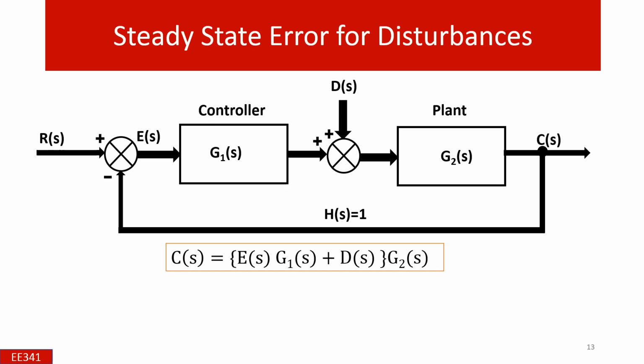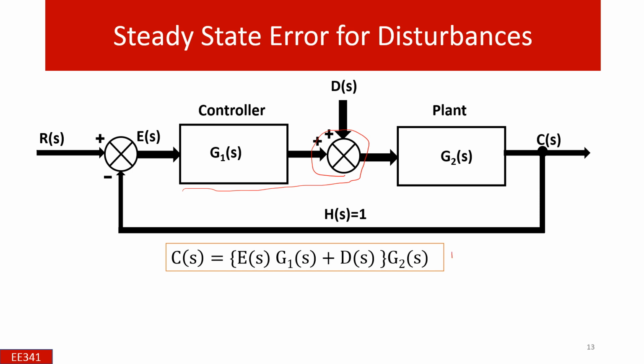Here we have D(s), and E(s) multiplied with G1(s) and added with the disturbance D, and the whole combination up to here is multiplied with G2(s).